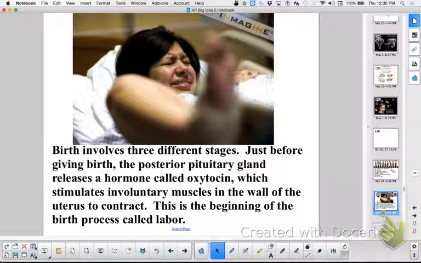Okay, so prolactin is going to make sure you make the milk. Good. Oxytocin. What does oxytocin do? Yeah, the uterus contracts to push out the baby, but that also makes what? Milk come out. So that's a good way to handle the timing of that, so the food is ready for the baby.